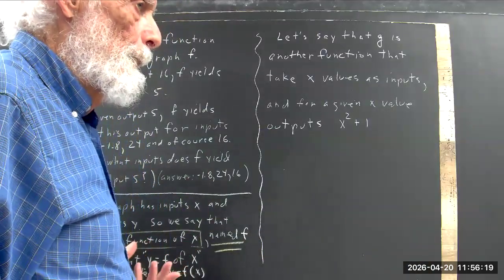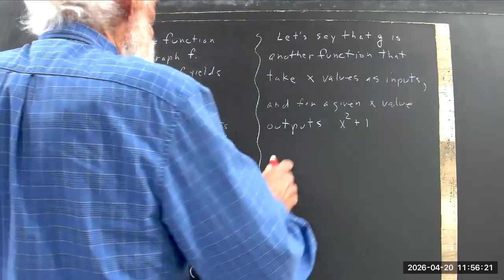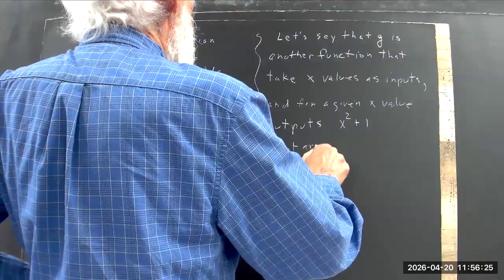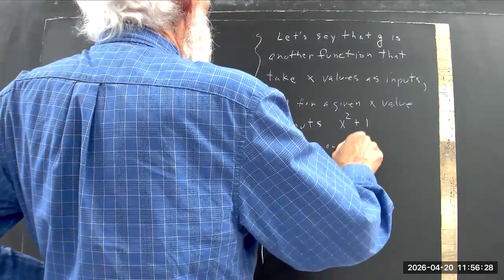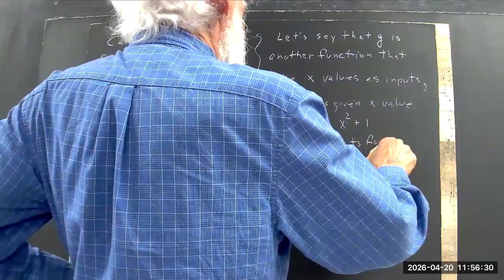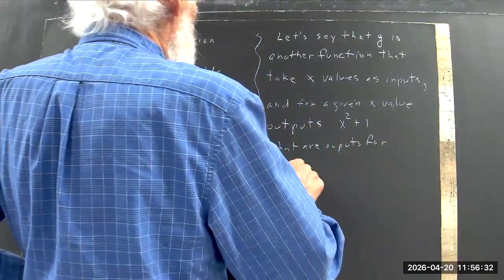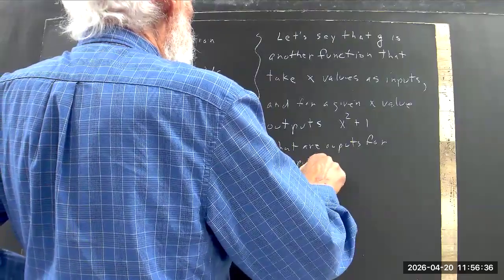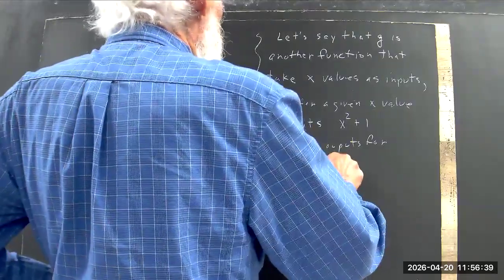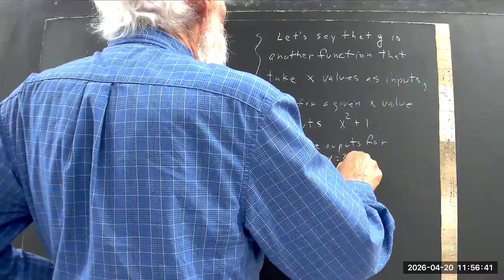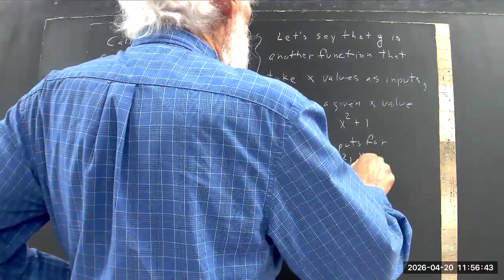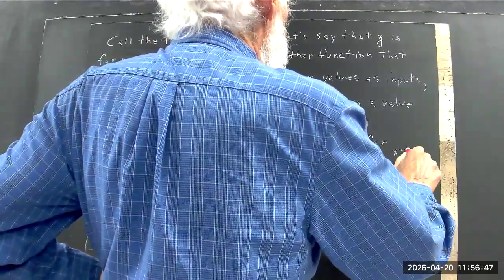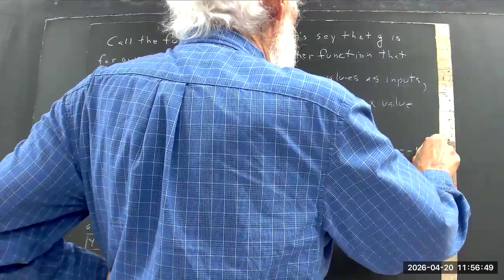So now, what are the outputs for inputs X equals 2, X equals 5, X equals negative 4?